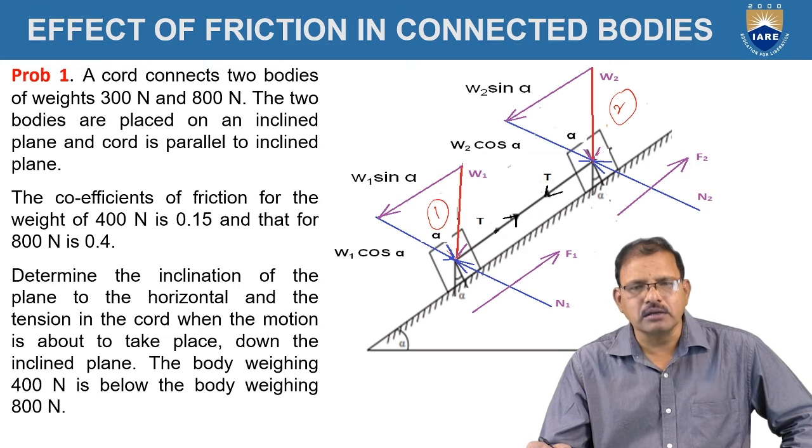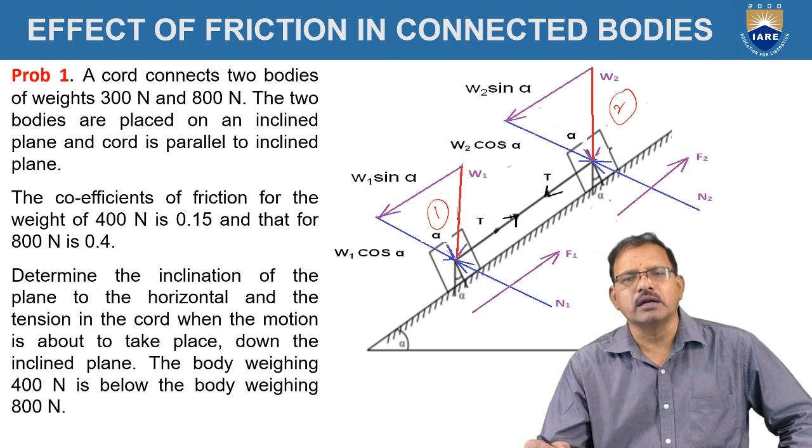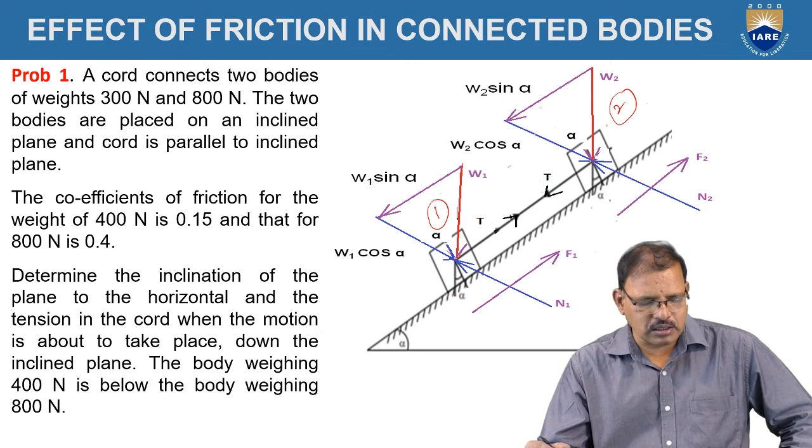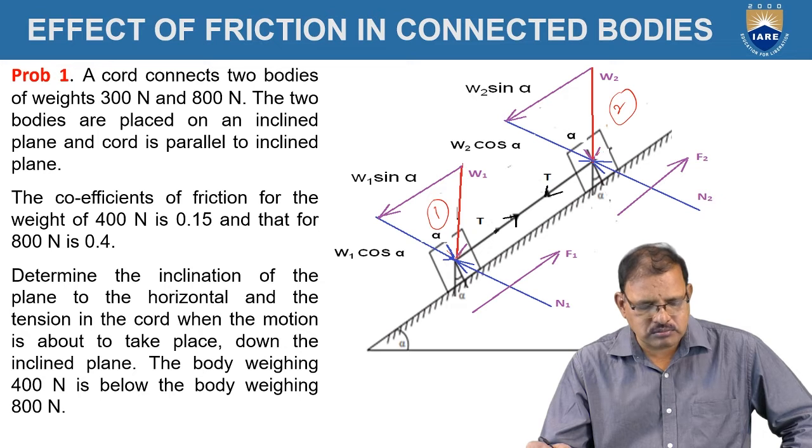Determine the inclination of the plane to the horizontal and the tension in the cord when the motion is about to take place down the inclined plane. The body weighing 400 newtons is below the body weighing 800 newtons.